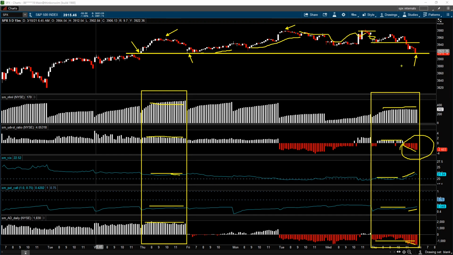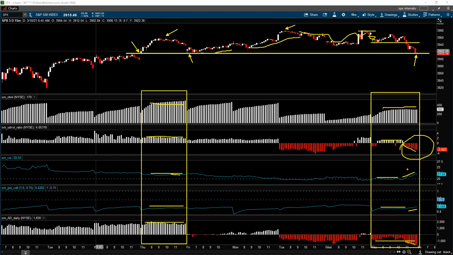Today it was a little bit more of a broader sell-off because we are seeing more declining issues than advancing issues. And also we notice that there's an expansion on the down volume, so the up-down volume ratio expanded downward.